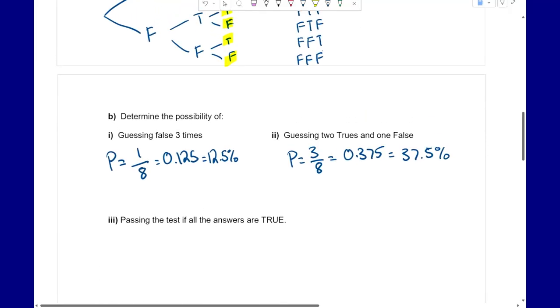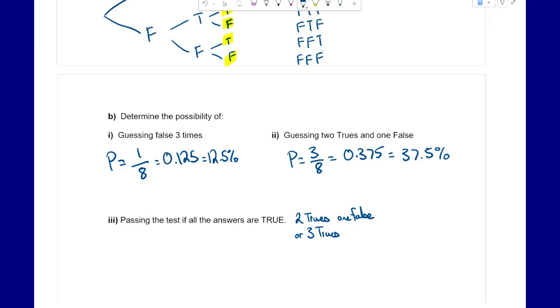Number 3, passing the test if all the answers are true. So if all the answers are true, that means we have to get 2 trues and 1 false, or 3 trues. Right, so we could get perfect, or we could get 2 right and 1 wrong.